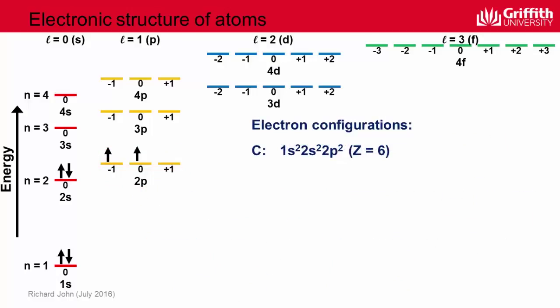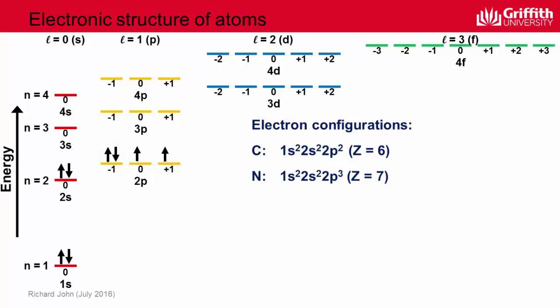So there we have the orbital diagram and electron configuration for carbon, and we can keep going up the periodic table and add a 7th electron, for example. That's what the orbital diagram looks like, and we're obviously talking about nitrogen here, atomic number 7, and its electron configuration now being 1s2, 2s2, 2p3. There are now 3 electrons in that 2p subshell.